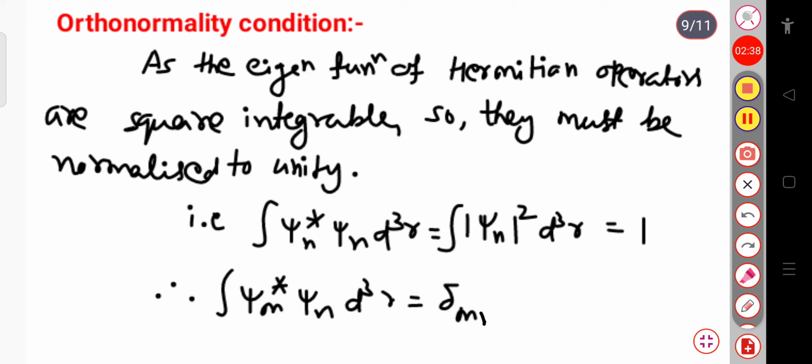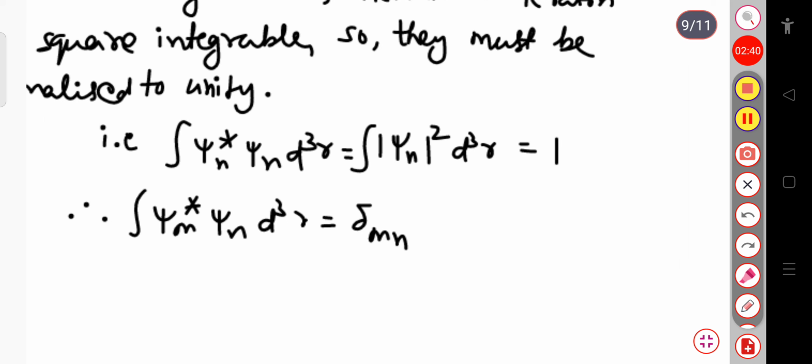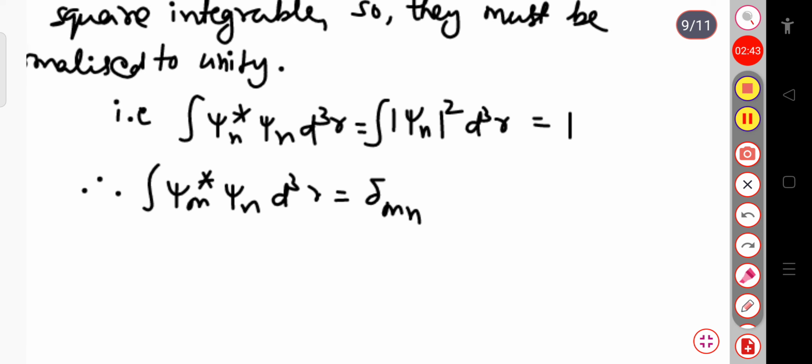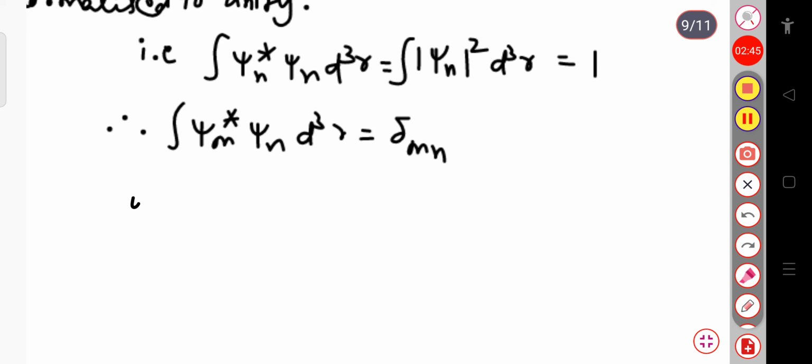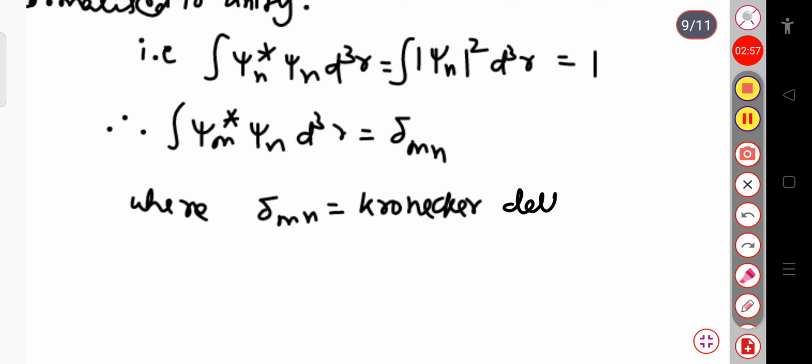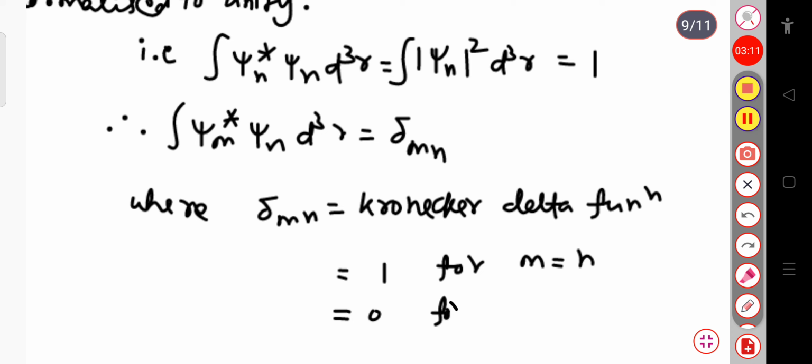This delta mn is called the Kronecker delta function, and its value is equal to 1 for m equal to n, and equal to 0 for m not equal to n.